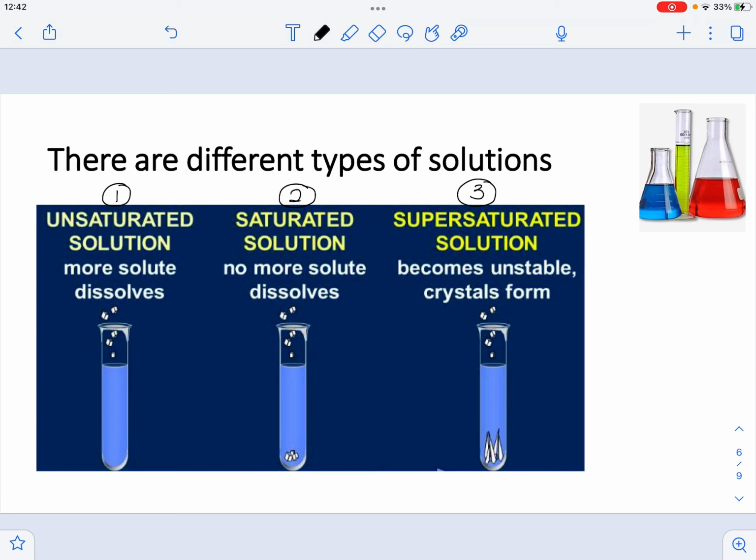Supersaturated solutions, on the other hand, are going to be solutions that have more than the maximum amount of solute that can be held by the solvent, and you utilize things like temperature in order to create them, but understand that they are unstable, and if you add specifically more of that solute, it's going to start forming crystals because of the process of nucleation.